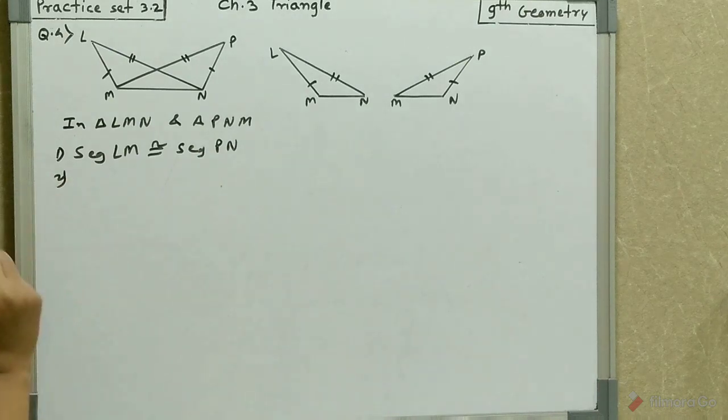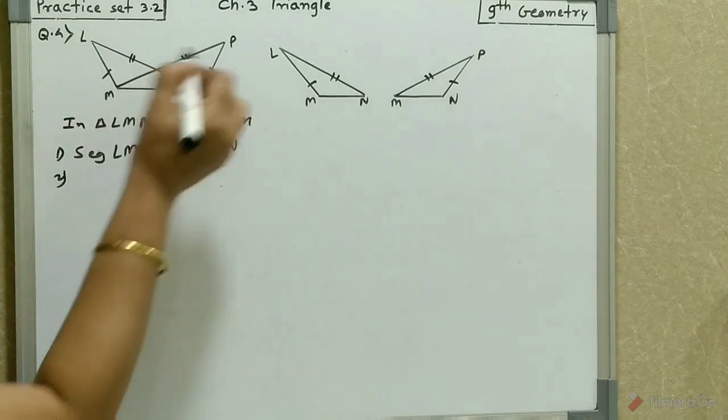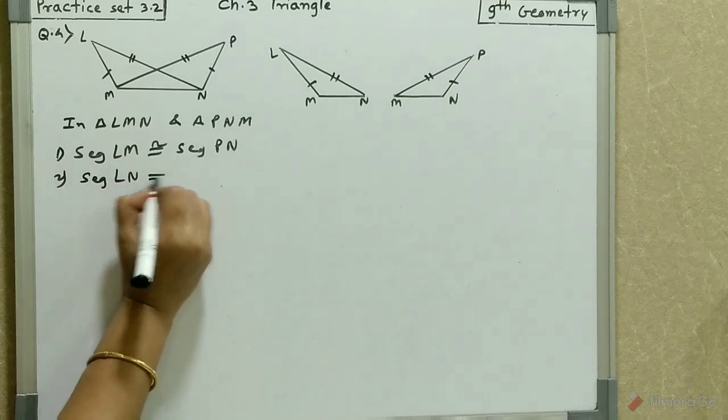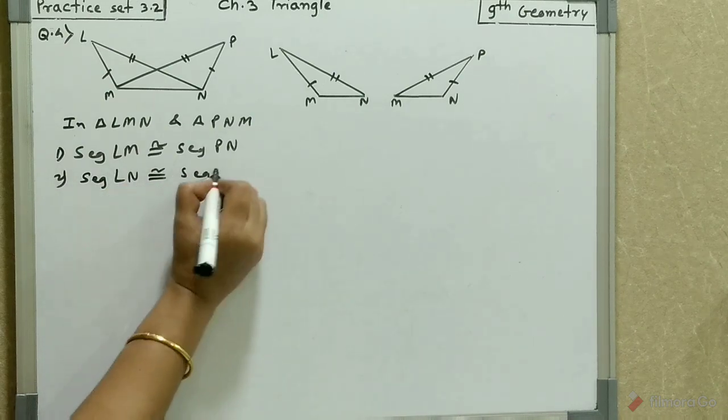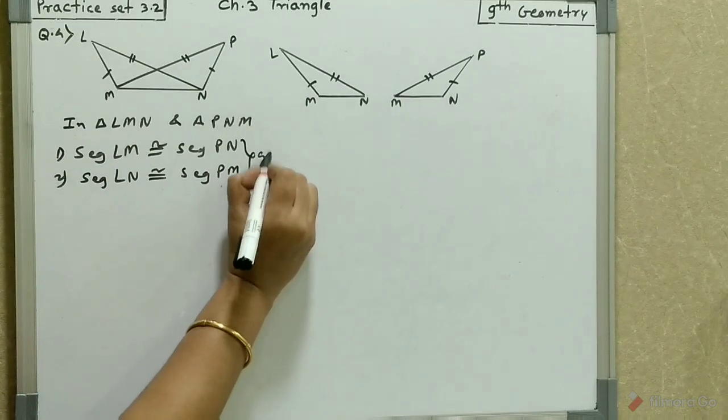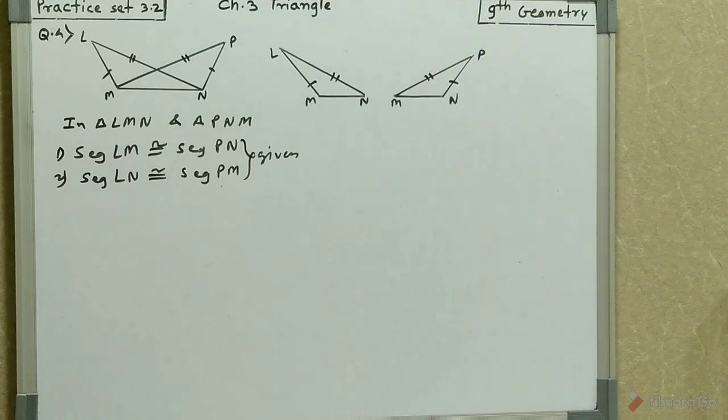Now what is the second one? That is segment LN congruent to segment PM. That is given in our example.